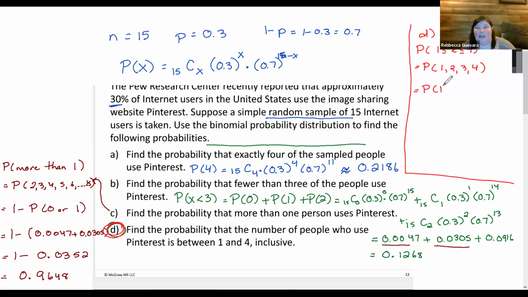So I need the probability of 1, the probability of 2, the probability of 3, and the probability of 4. We already know 1 because we found it right here. The probability of 1 out of 15 people uses Pinterest is 0.0305. The probability that 2 people use Pinterest is 0.0916. So what I need is the probability of 3 people using Pinterest and 4 people using Pinterest.